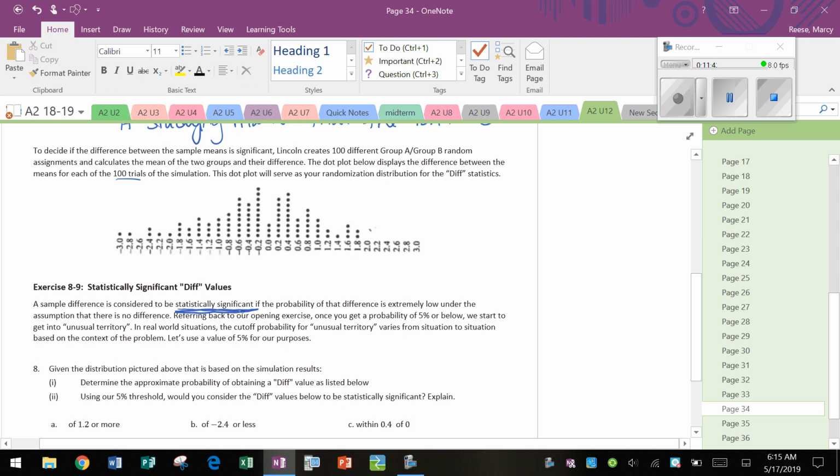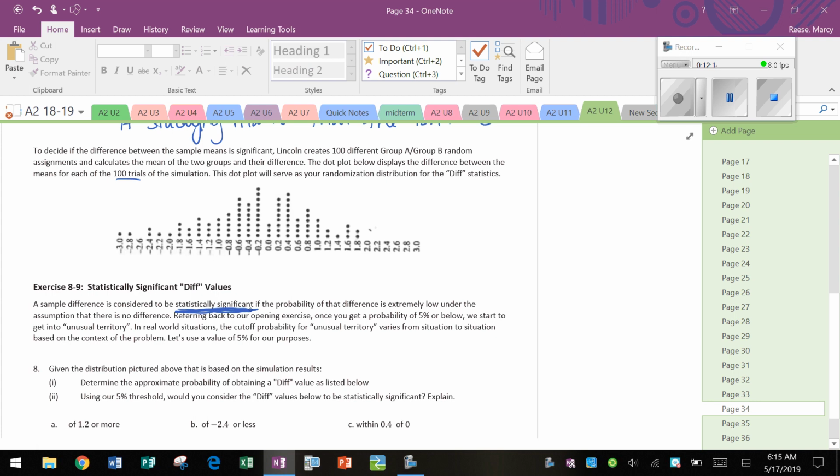Okay, so it means that there's really some kind of aha thing that we should look at, like in our weighted heads, that opening example. How do we know it's statistically significant, or it's just, yeah, we just got lucky and we got a bunch of heads? So a sample difference is considered to be statistically significant if the probability of the difference is extremely low under the assumption that there is no difference.